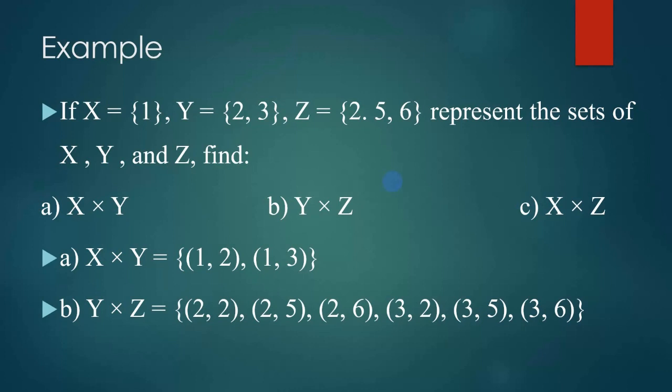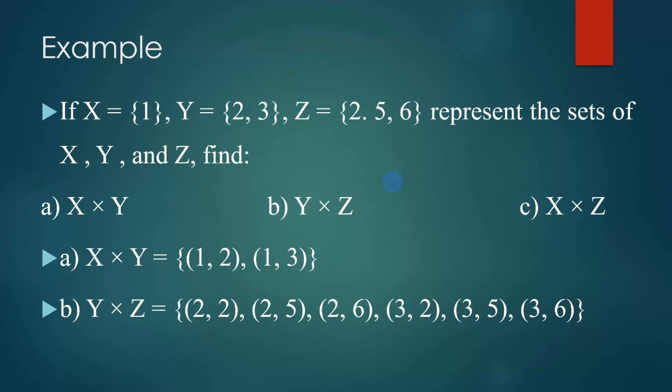The same with the element 3, which will be a first projection with each element of the set z, meaning we will have 3 ordered pairs: (3, 2), (3, 5) and (3, 6).